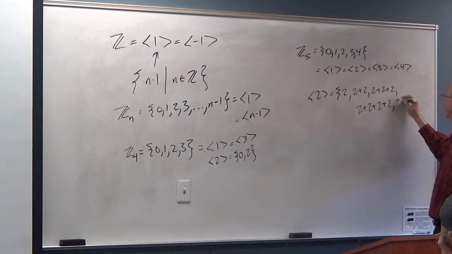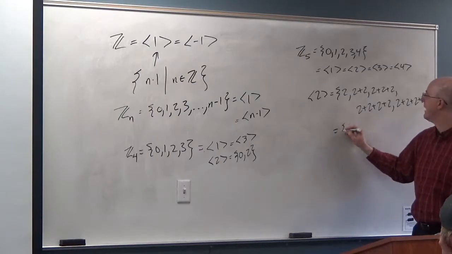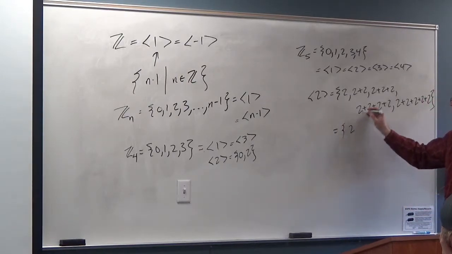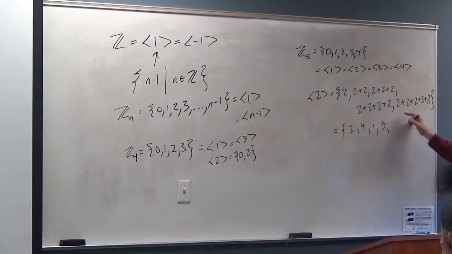Go ahead and write it out here. Doing addition mod 5, I get 2, then 4, then 6 mod 5 is 1, then 8 mod 5 is 3, then 10 mod 5 is back to 0. I do get the entire group Z5. 2 is a generator of Z5 under addition mod 5.